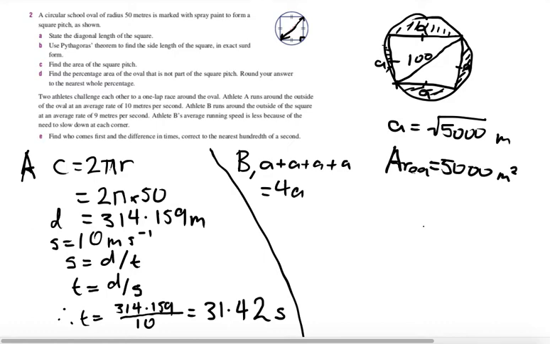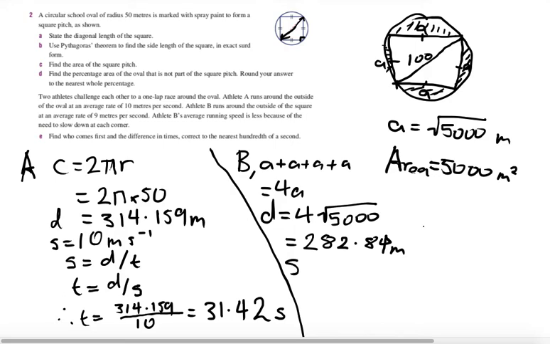A was root 5,000, so let's just say D, which is the distance they're running, is going to be equal to 4 times root 5,000, which in a calculator equals 282.84 meters. And that makes sense that they're running less far, because you would imagine that the distance running around here is going to be less than the distance running around there. Hence this distance here for athlete B is smaller than the distance here for athlete A.